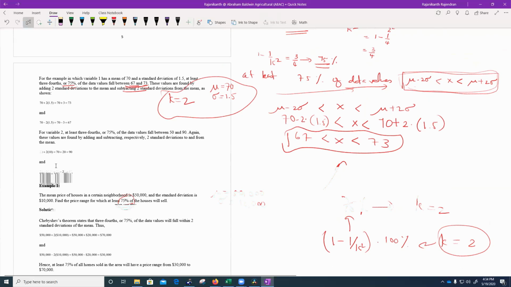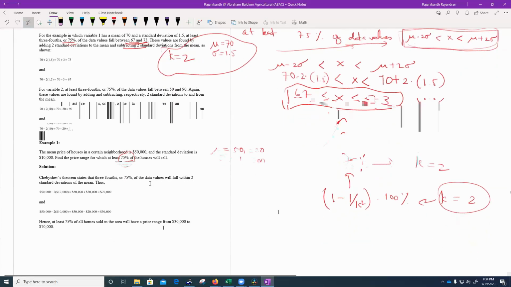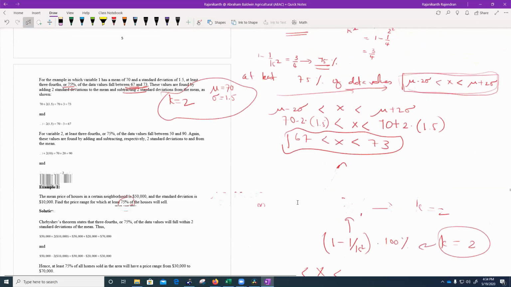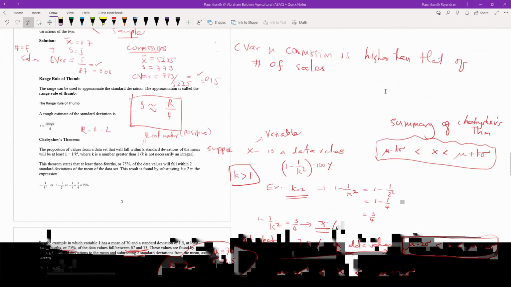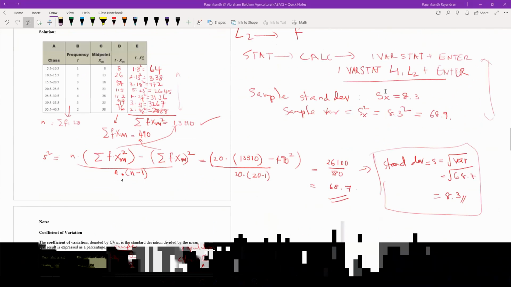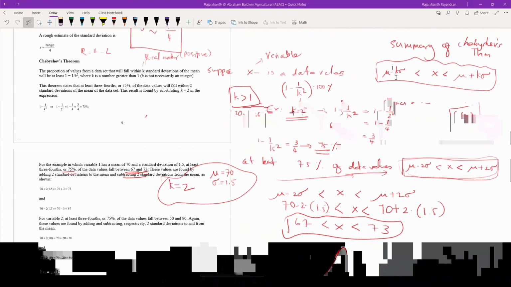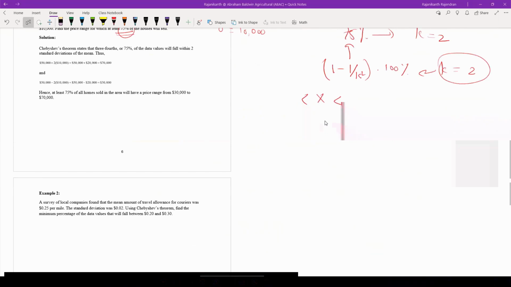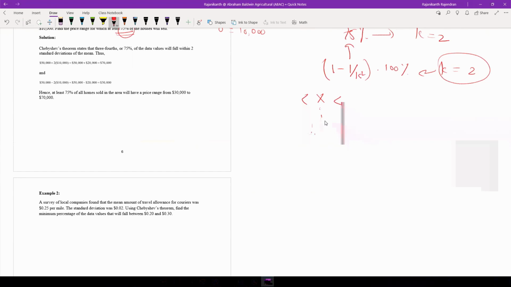So my range formula, remember, is what? It says the original formula I gave you, the summary formula, mu minus k sigma. So that means this is my data variable.